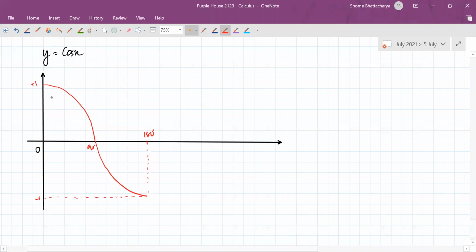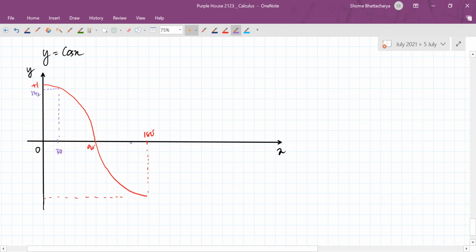So as you can see, for example, cos 30, if we take a value of 30, let's say it's somewhere here. So the value is √3/2.